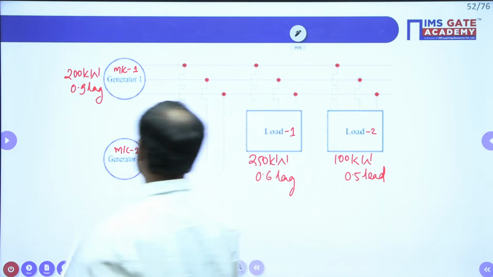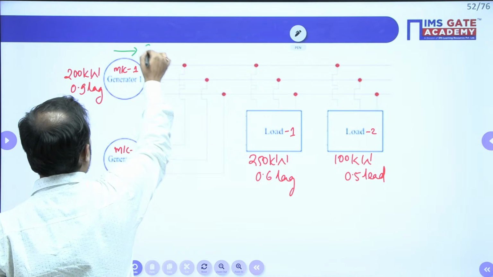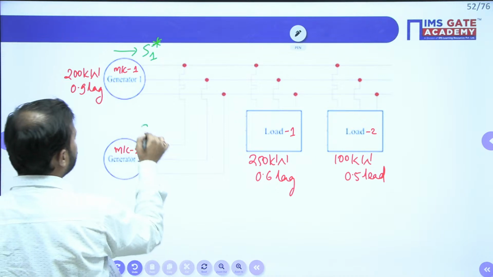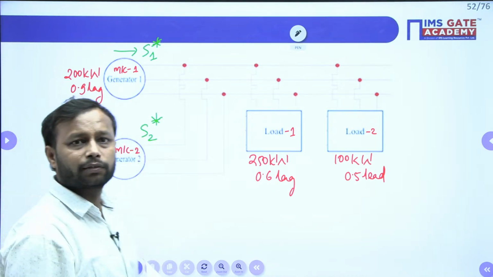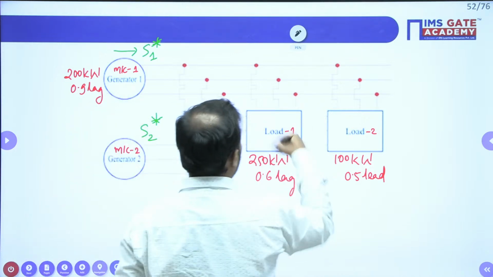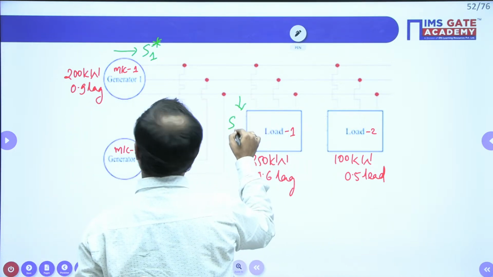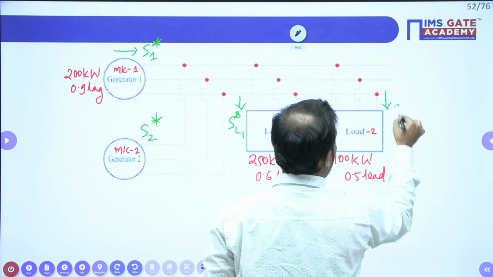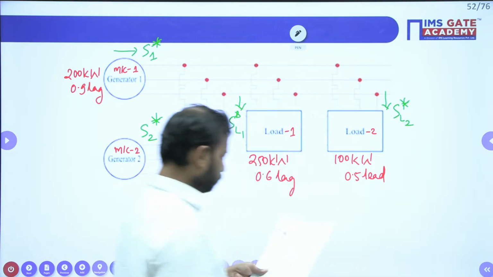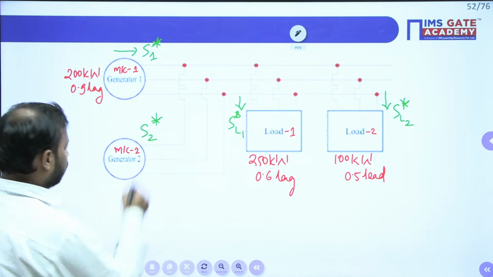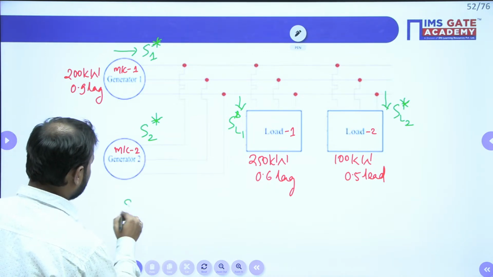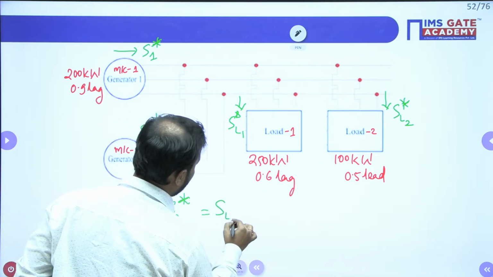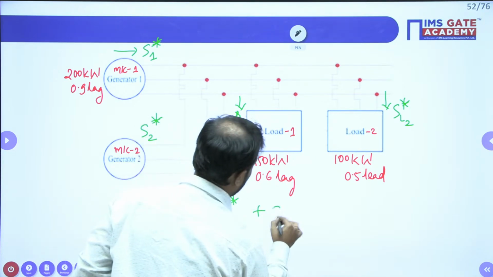Am I clear? So let us take here, this machine is supplying the complex power S1 star, that is complex, and this machine 2, S2 complex. This is visible, na? And this load is taking the complex power SL1 complex, and this is taking SL2 complex. Done. So definitely I can write here S1 complex plus S2 complex is equal to SL1 complex plus SL2 complex.